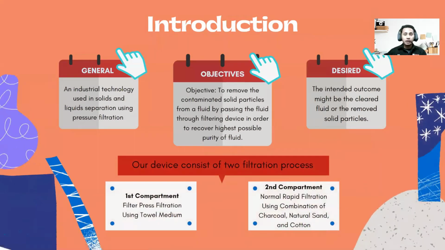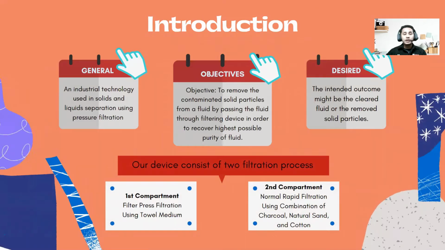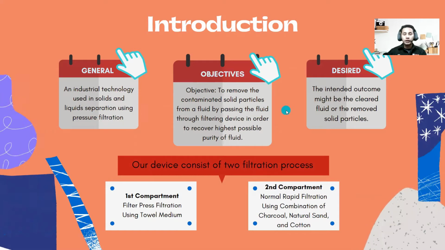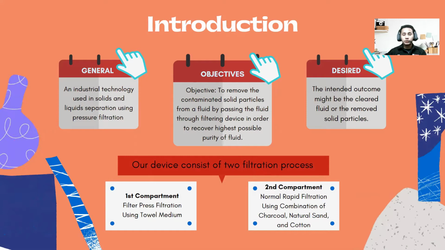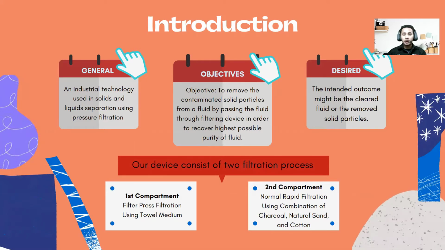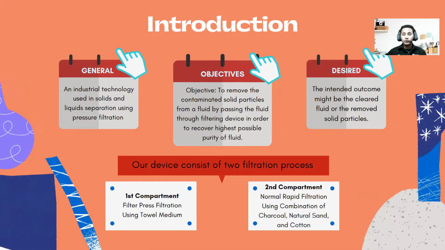In general, the filter press is an industrial technology used in solids and liquids separation using filtration. The objective of our open-ended project is to remove contaminated solid particles from a fluid by passing the fluid through a filtering device in order to recover the highest possible purity of fluid.